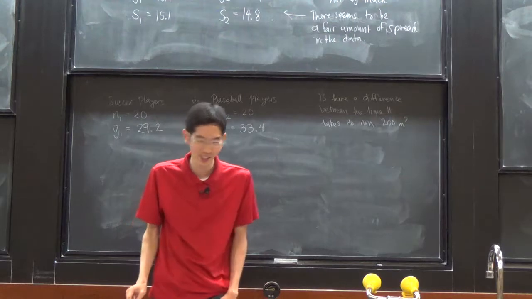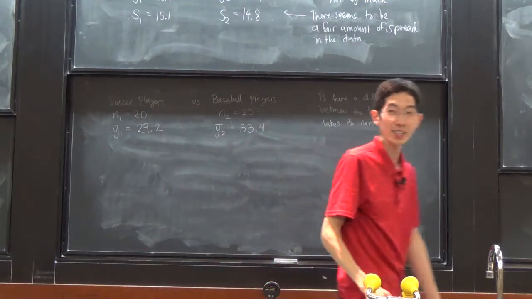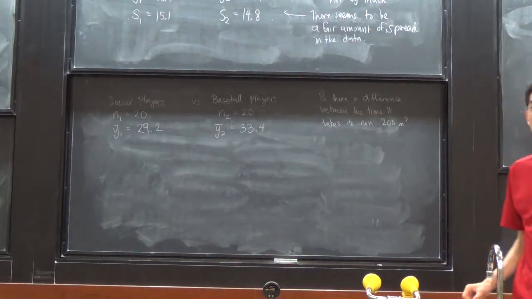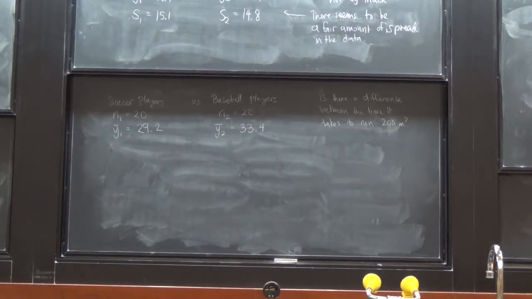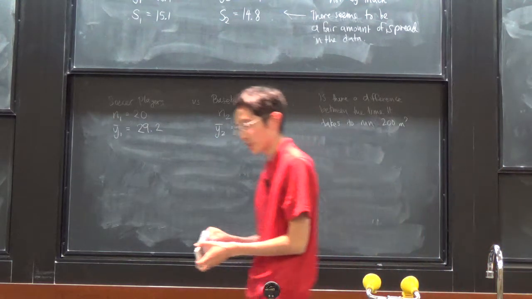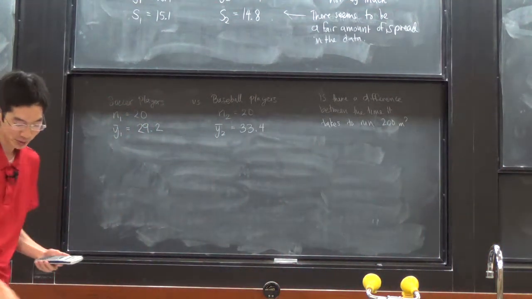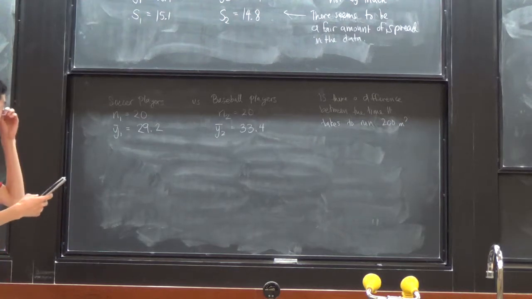I don't know. That's pretty close. Does that sound reasonable? I'm just making up numbers here. Okay, and then I'm going to pick my spread numbers in such a way that this will be a decent example. So give me a second here.